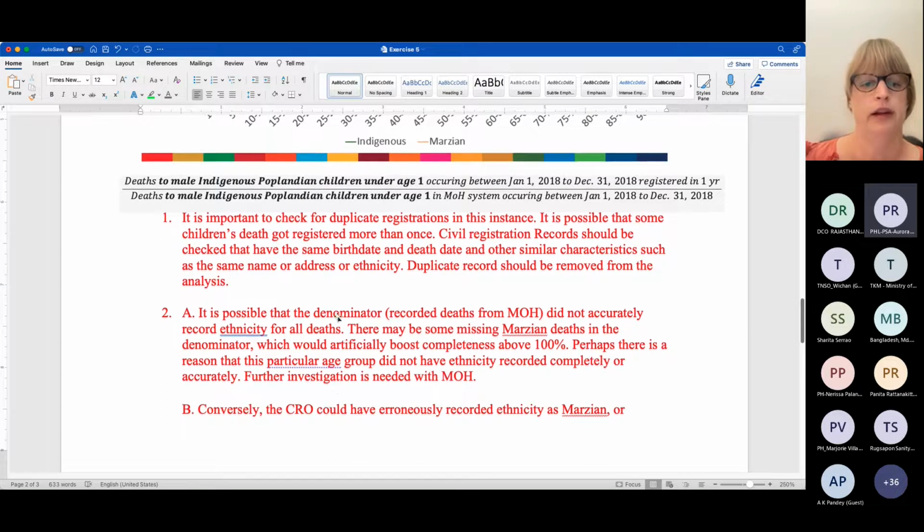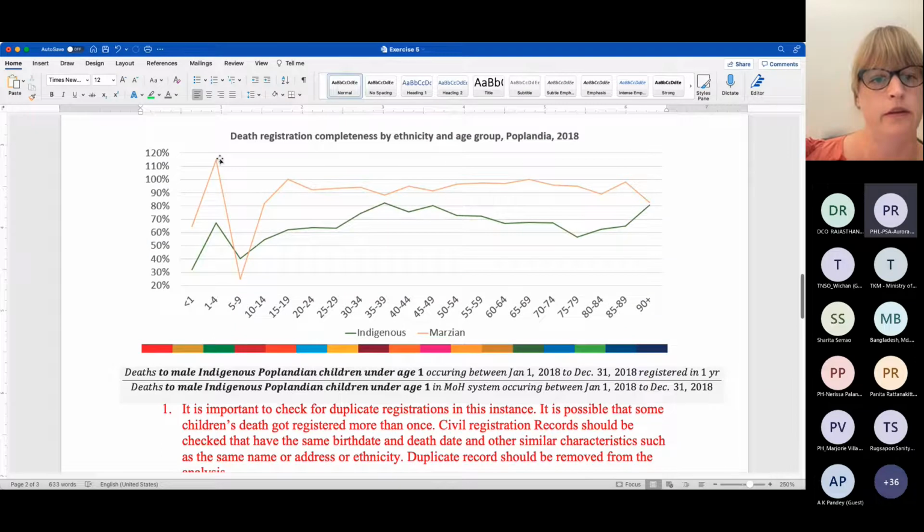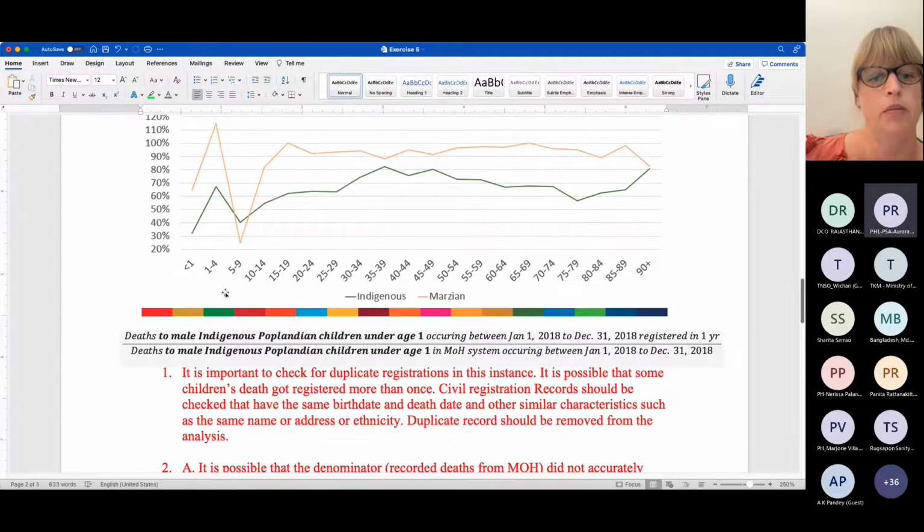Another possibility, and I think that Philippines mentioned this in their sticky note, is that the denominator, so here are recorded deaths from Ministry of Health, maybe they didn't either get all deaths or they didn't accurately record ethnicity. So the problem here is with the Marsians. Maybe the civil registry on the top, they got all the Marsian deaths, no problem.